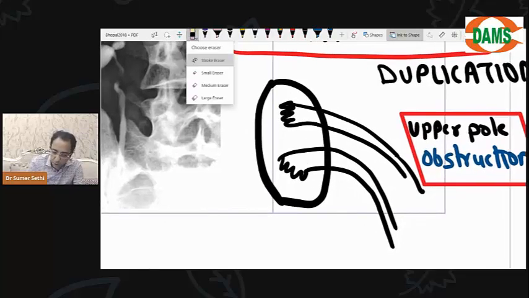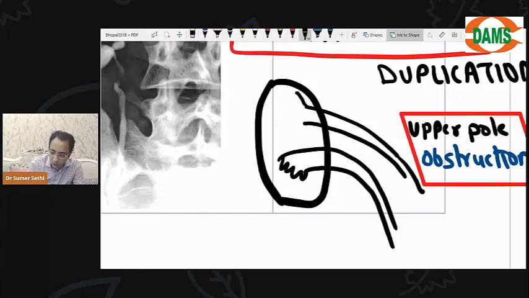If the ureter gets obstructed, what will develop in the upper pole? Hydronephrosis. So in duplication, the upper pole tends to get hydronephrotic.